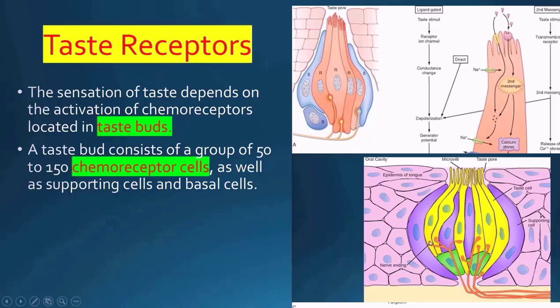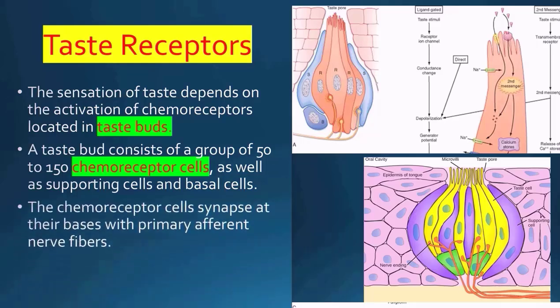These are the basal cells, these are the chemoreceptor cells, these are the supporting cells, and these are the basal cells. The chemoreceptor cells synapse at their bases with primary afferent neurons. Here you can see that these chemoreceptor cells make a synapse with the afferent nerve fiber.